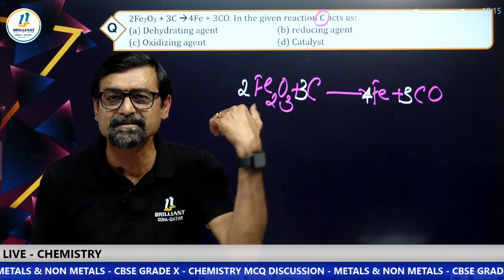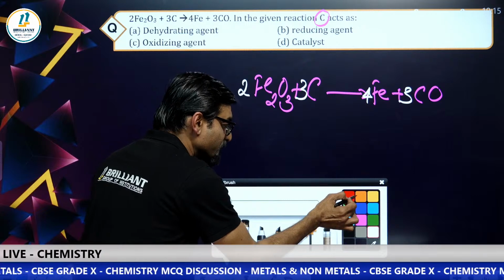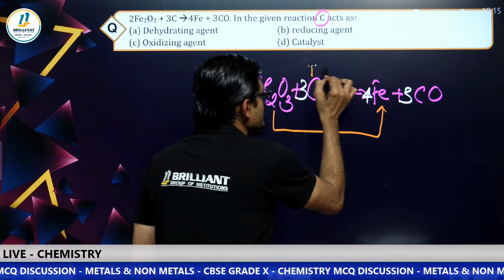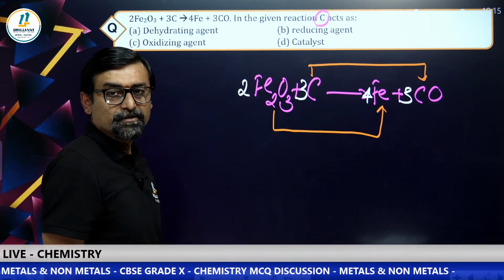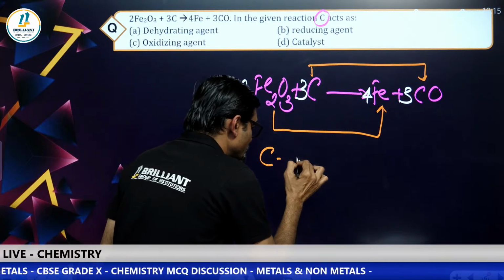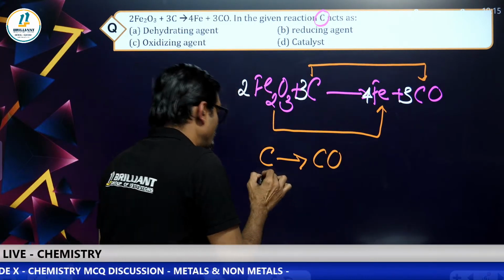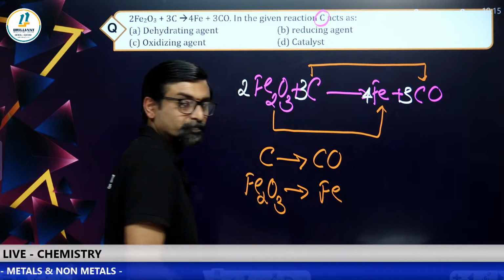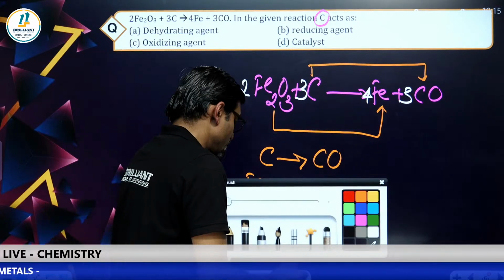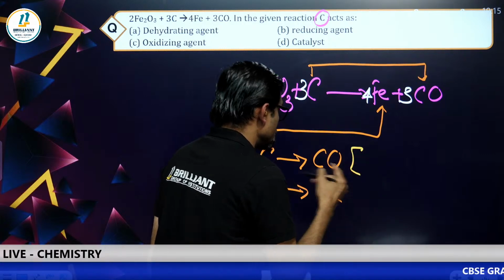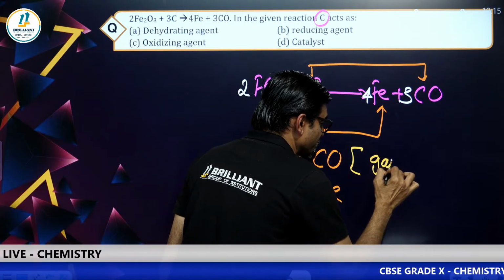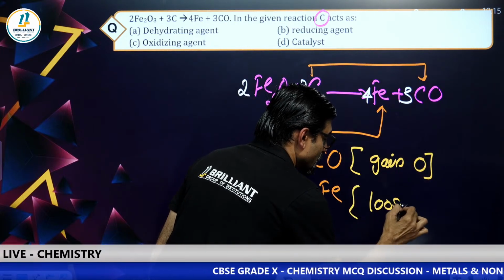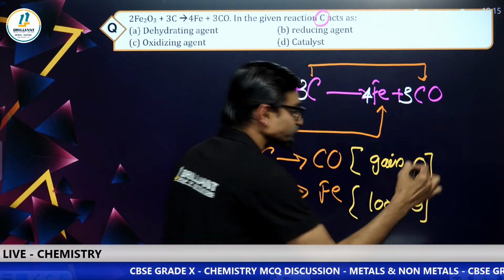Now, what is the process happening? What is the change happening here? Observe very carefully, children. Fe2O3 is getting converted to Fe and C is getting converted to CO. So here we can say carbon is converted to carbon monoxide and iron oxide is getting converted to iron. What we observe here is carbon is gaining oxygen and iron oxide is losing oxygen.